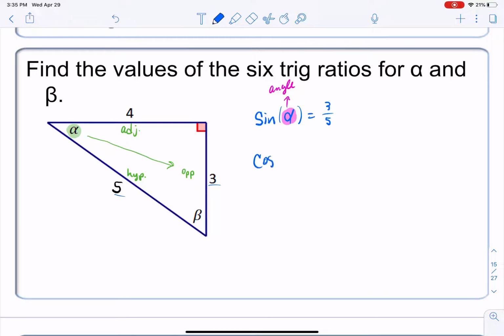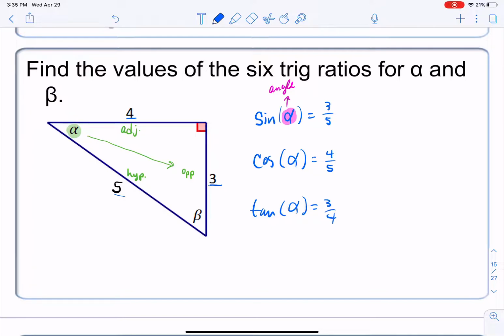The cosine of alpha is adjacent over hypotenuse. That's going to be 4/5. And then finally, the tangent of alpha is opposite over adjacent, 3/4.